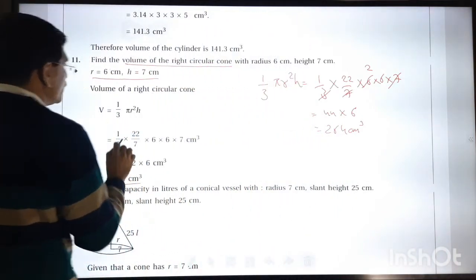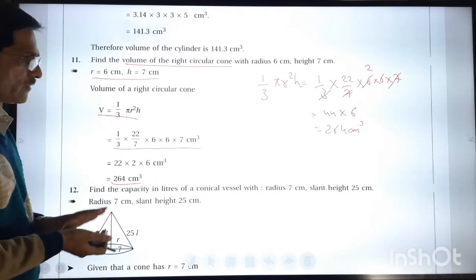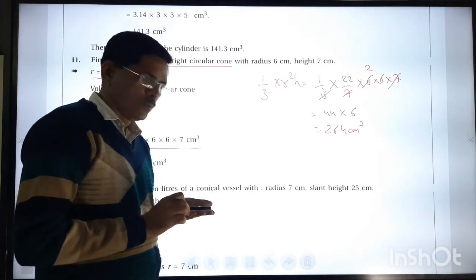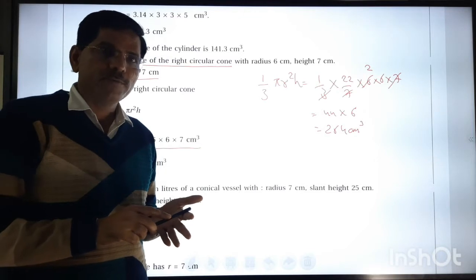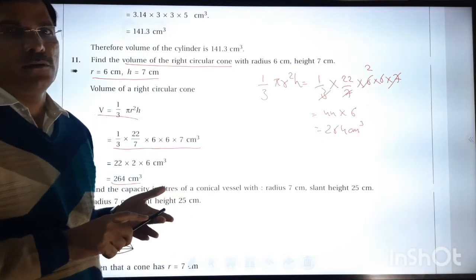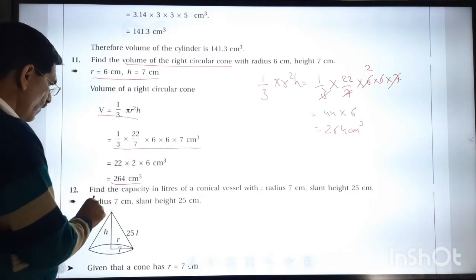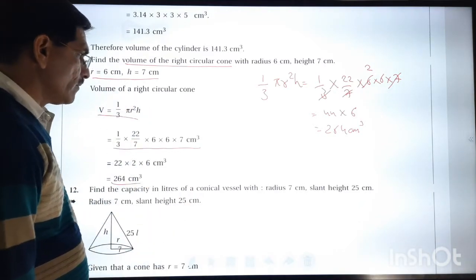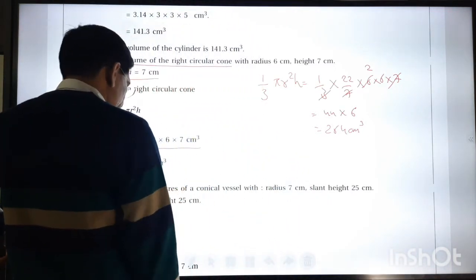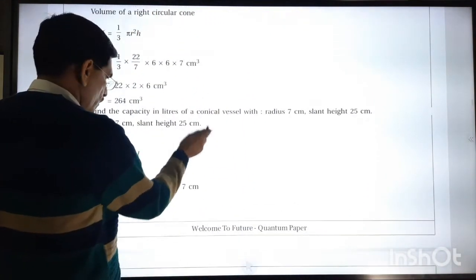Always remember the unit, you must write it. So it's one type of revision that we are doing. Now we start the revision of cube, cuboid, cylinder, cone, volume of cylinder. Now one more sum related to it. Find the capacity in liters of a conical vessel with radius 7 cm, slant height 25. So again we have to solve this and then go to one more sum.